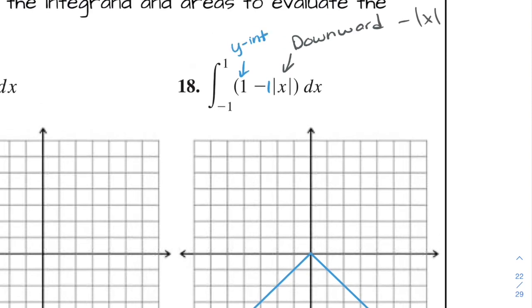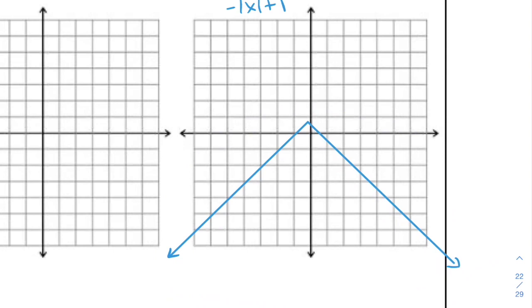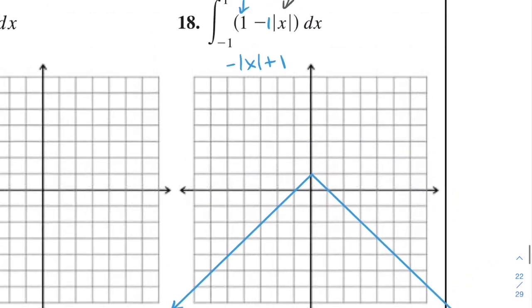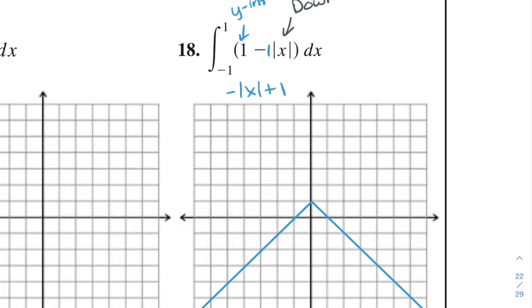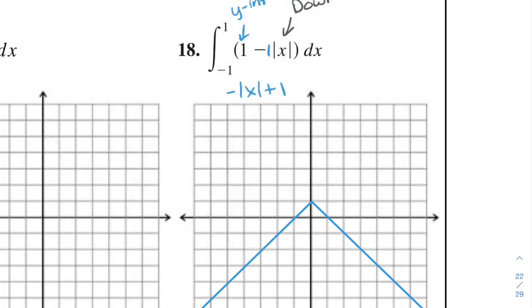And if you don't like the way this looks, how about you just put it this way? Negative absolute value of x plus 1. So you see it has a vertical shift of 1. Okay, so this is a positive vertical shift of 1. So I'm going to move it up 1, just like that. Now I'm also going to graph it between 0, right?